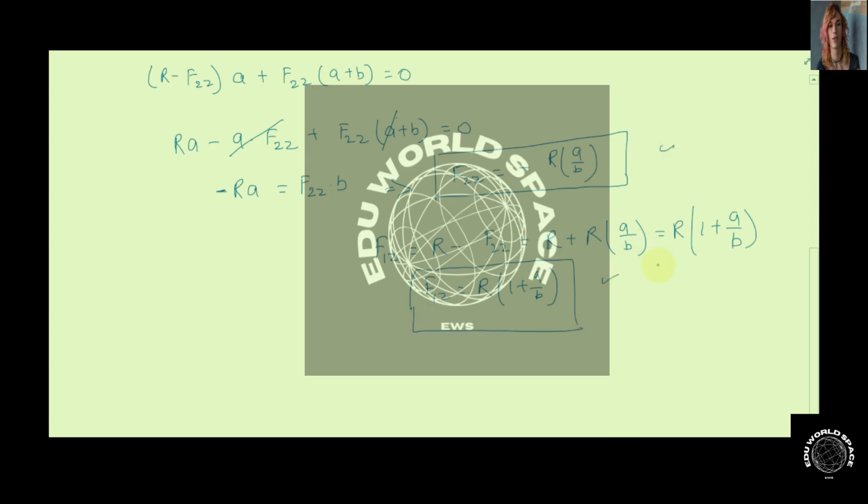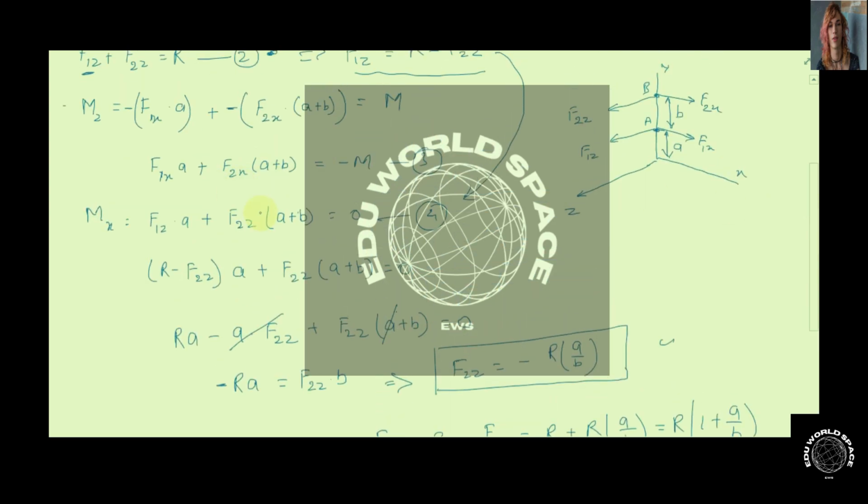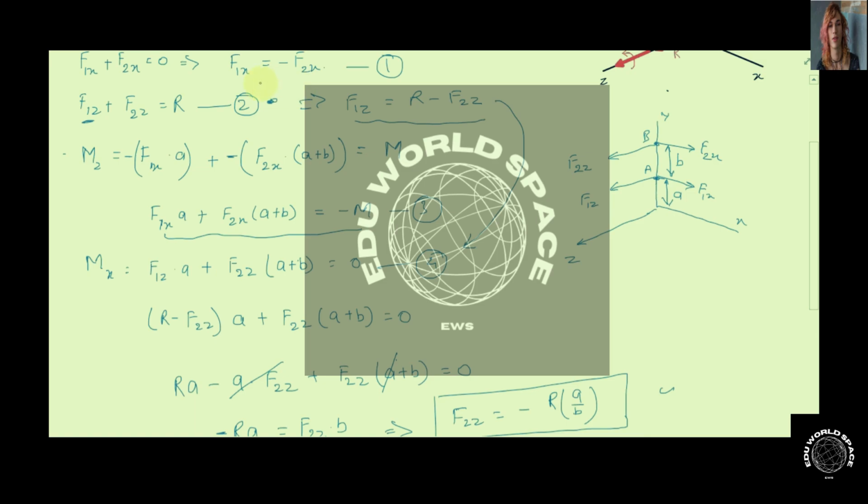We got two values, and we have to find the other two values. So we can now use expression number 3 and expression number 1. From expression number 1 we have got the value F1x equals minus F2x.